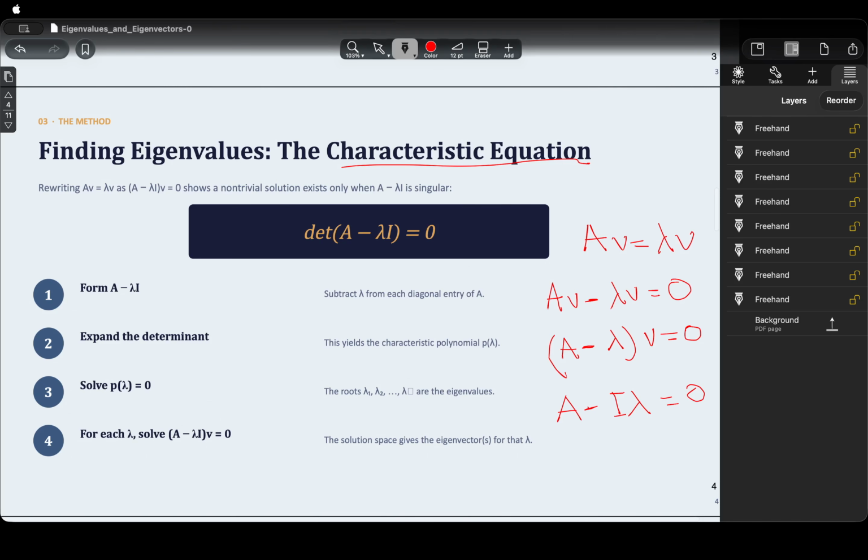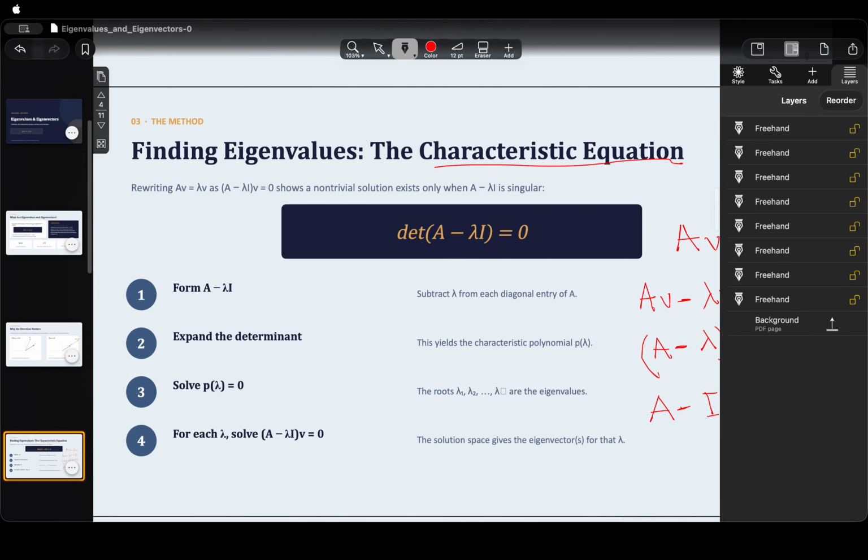Let's look at an eigenvector of a 2 by 2 matrix.